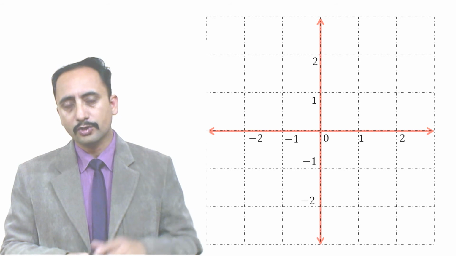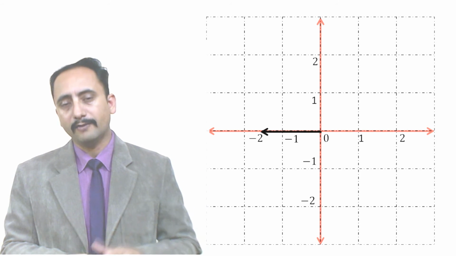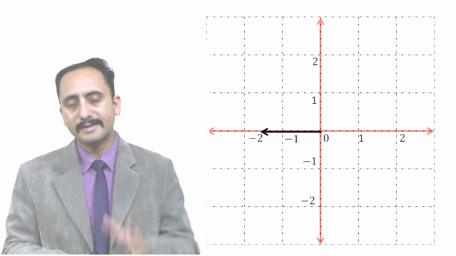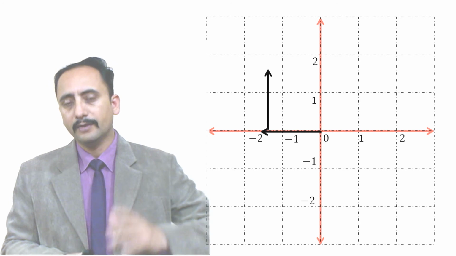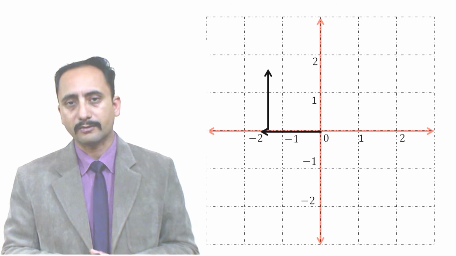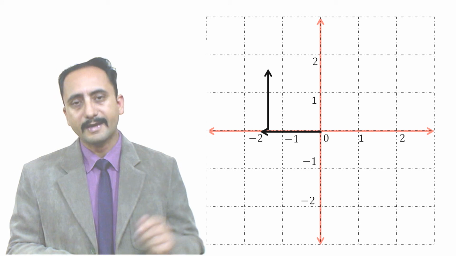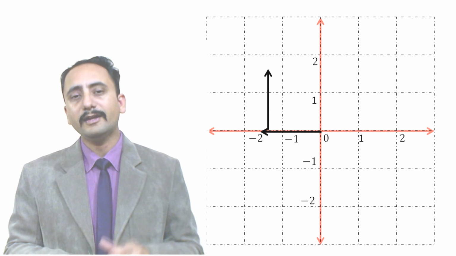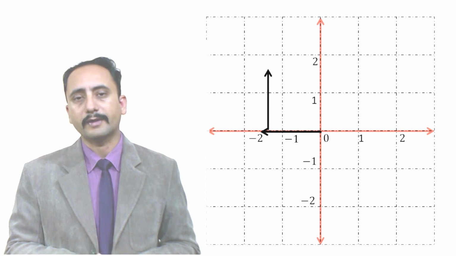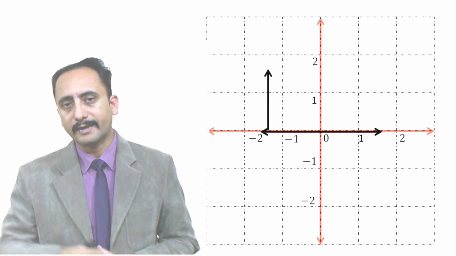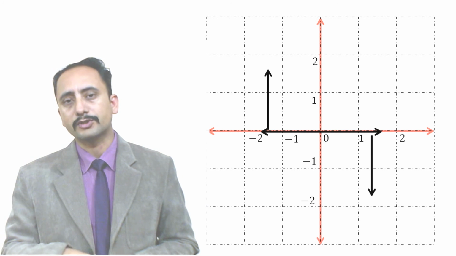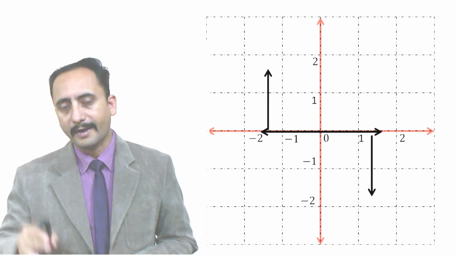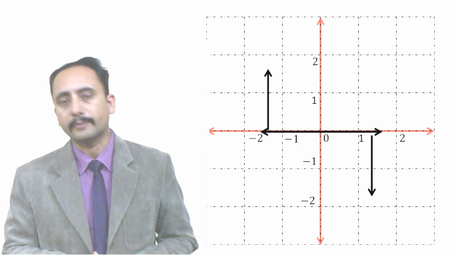So if I have to reach the second quadrant, I will move towards the left hand side of the origin, means x negative, and above the origin means y positive. So in the second quadrant, x will be negative and y will be positive. Similarly, if I need to go towards the fourth quadrant, I will move towards the right hand side of the origin and below the origin, means x positive and y negative in the fourth quadrant.